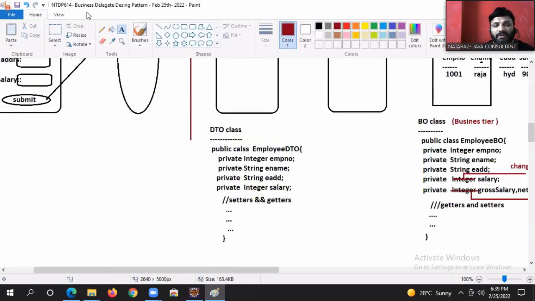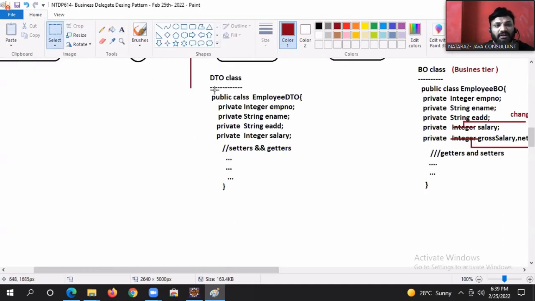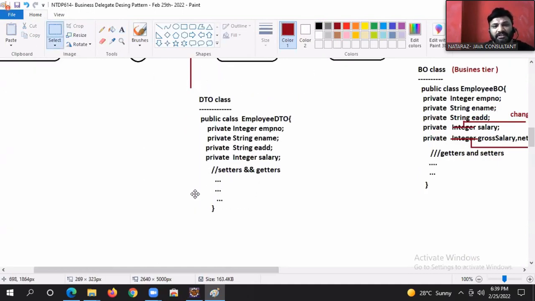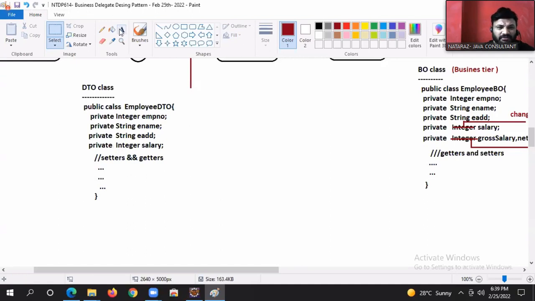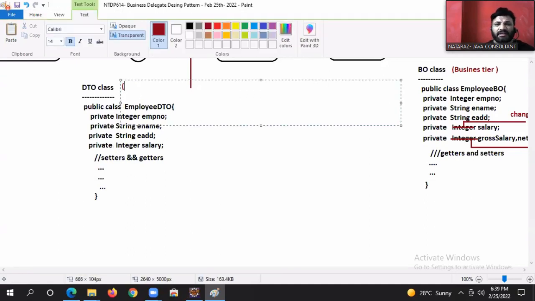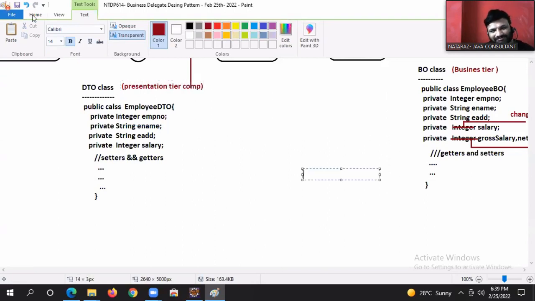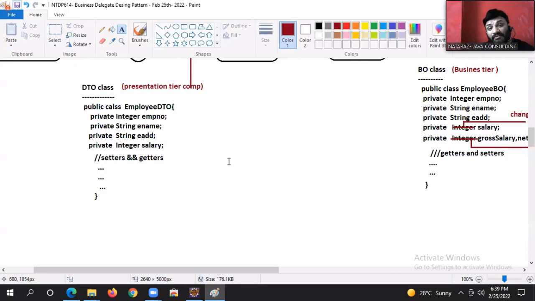Presentation tier component or business tier component? Definitely it is presentation tier component, right, boss? But we are forced to change this one also, na boss?